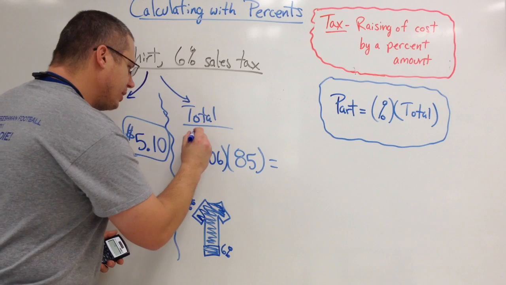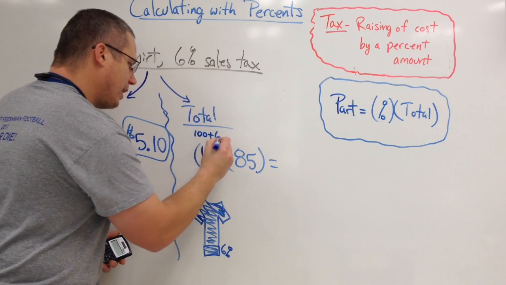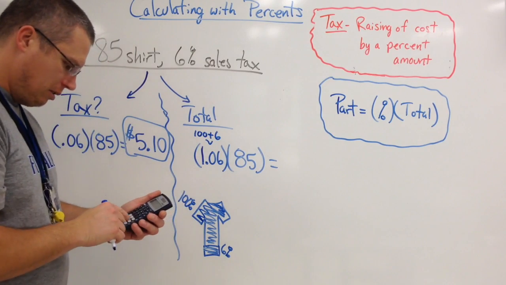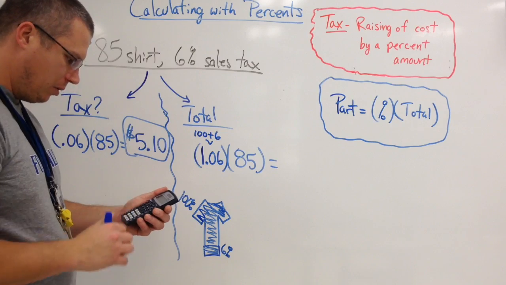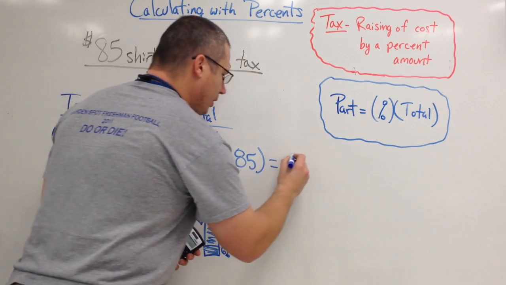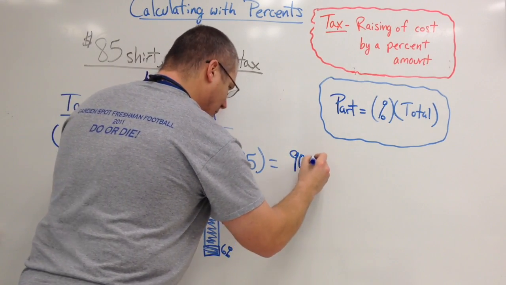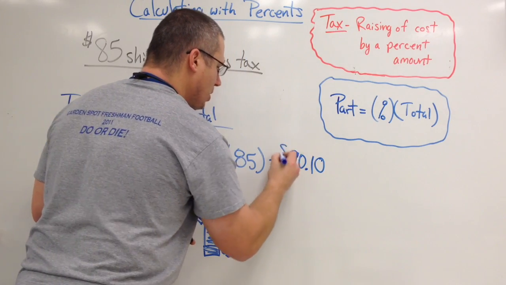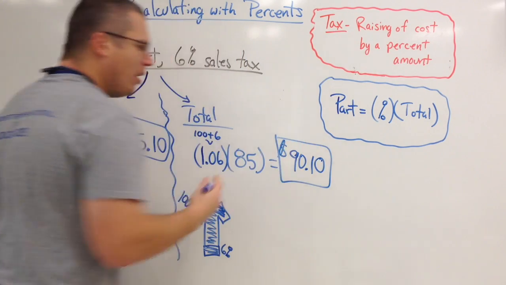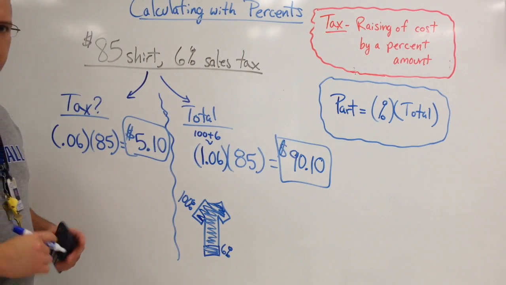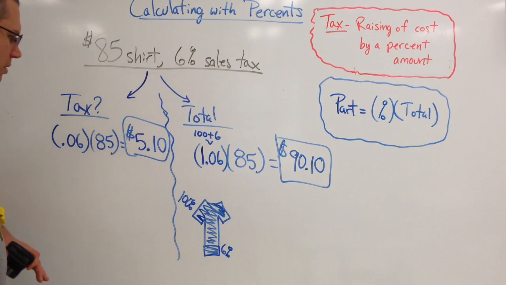This is 100 plus the 6, 106%, times 85 equals 90.1. 90.1, fill in to make money, 0. So that's $90.10. So again, these are the two ways you'd be asked.